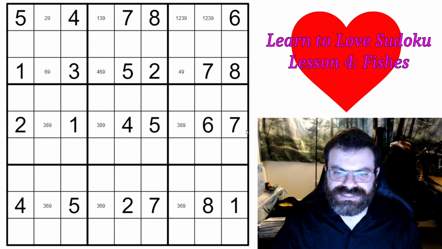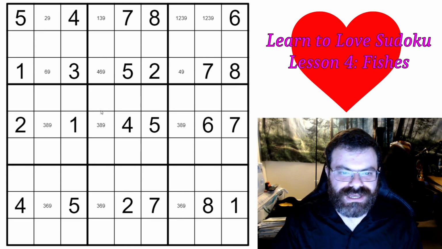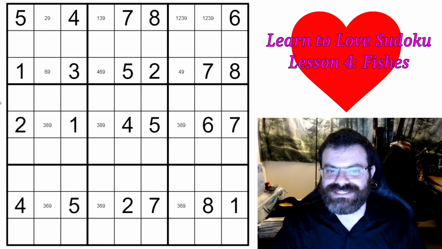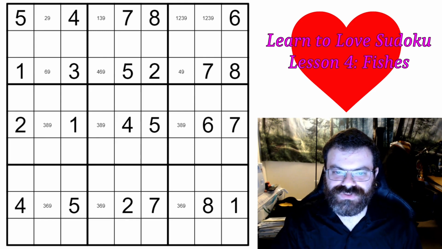The basic concept here is very similar to the X-wing, except every time it's 2, it's 3 instead. If you remember, with the X-wing, we found either 2 rows or 2 columns where a specific number could only appear 2 times, and the place that it could appear was the same in both of those rows or columns.